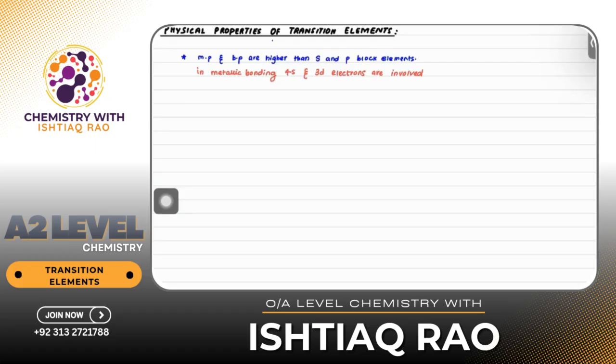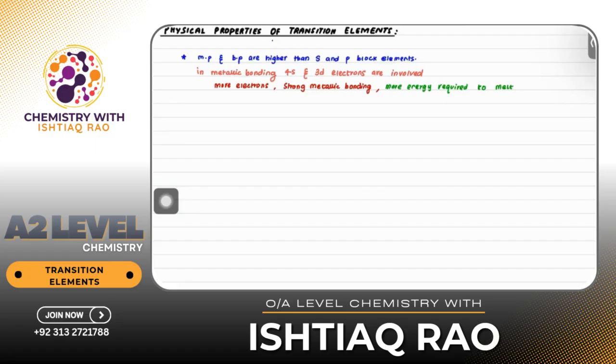I can say that more electrons means strong metallic bonding. When there is strong metallic bonding, more energy will be required to melt.